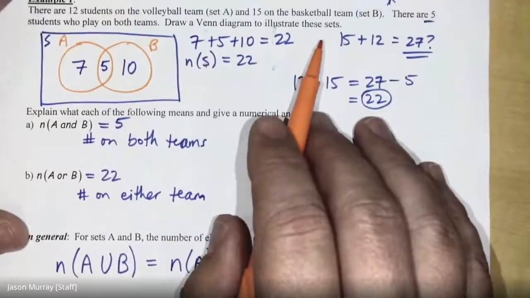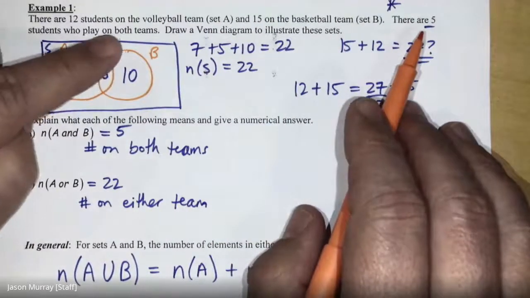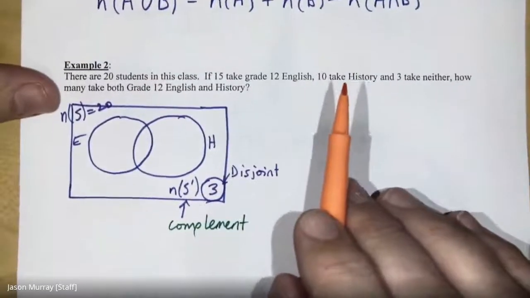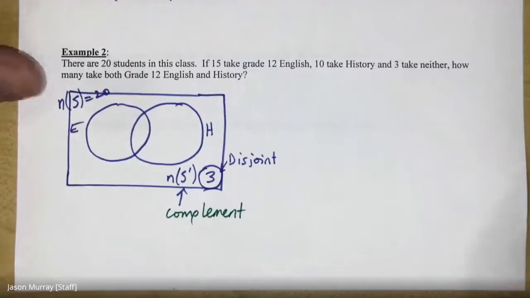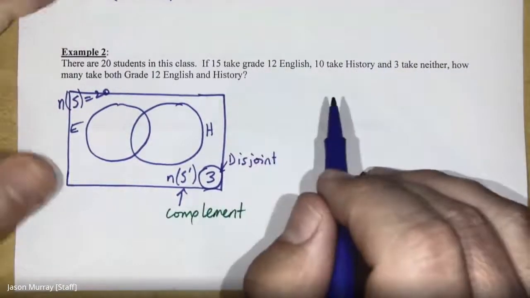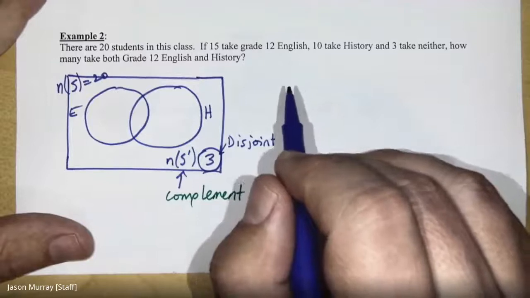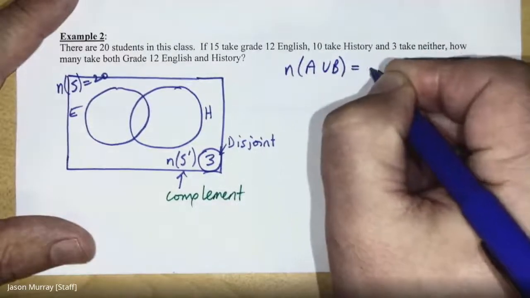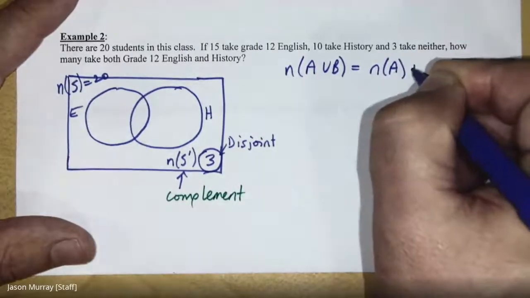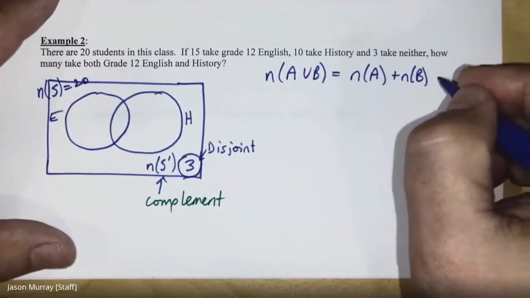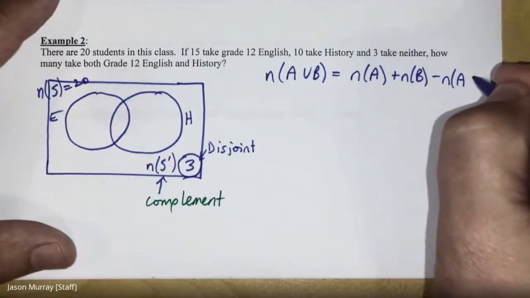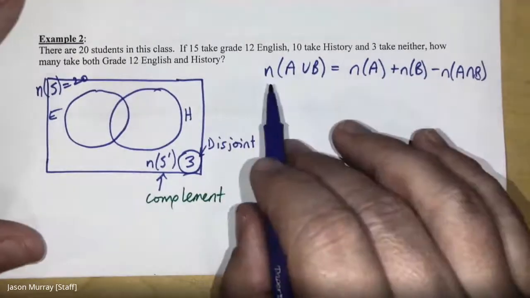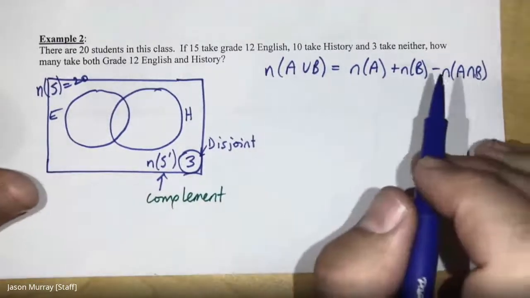Like back up here, it told us there's 5 students who play on both teams, so we knew exactly what number to start with, right? So Hannah did the calculations for us, and we're going to go through that again right now. She said that she's going to use this principle to help figure out the number in A and B. Using the inclusion exclusion principle, here's what we know.